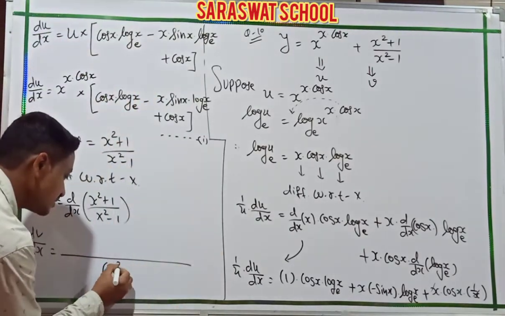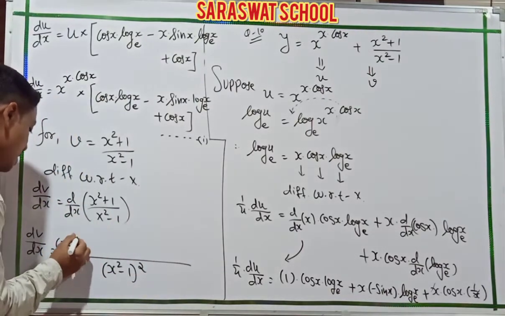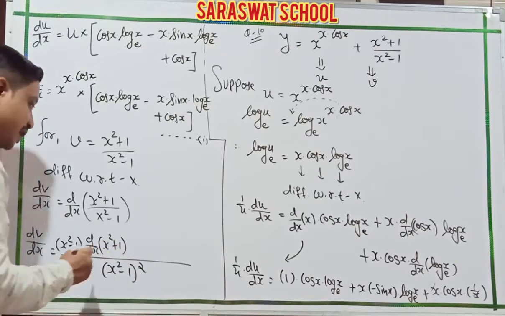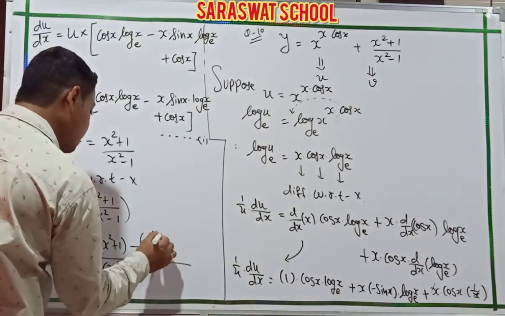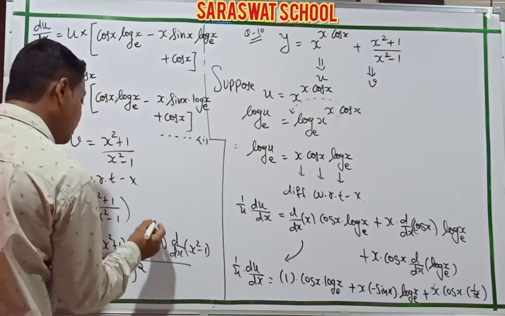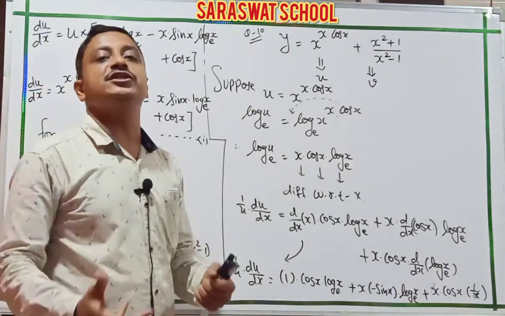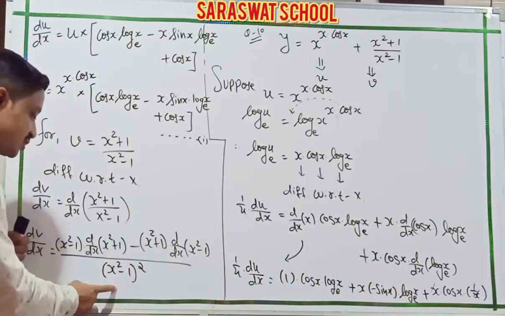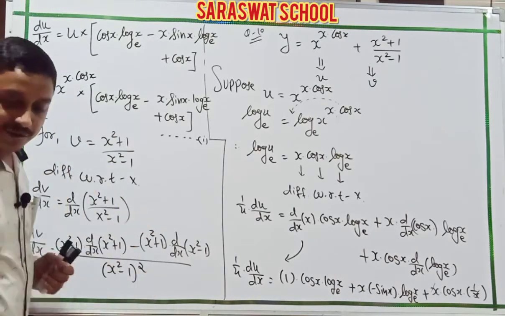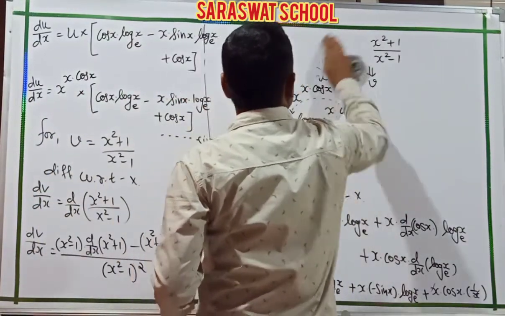Yes, in the denominator the square of the denominator function. Now the denominator times d/dx of the numerator, minus the numerator times d/dx of the denominator. These are our two simple u by v rules, I mean the division rule. Again repeat: in the denominator the square, denominator times numerator derivative minus numerator times denominator derivative, and this value is easily understood, students, in these solutions.